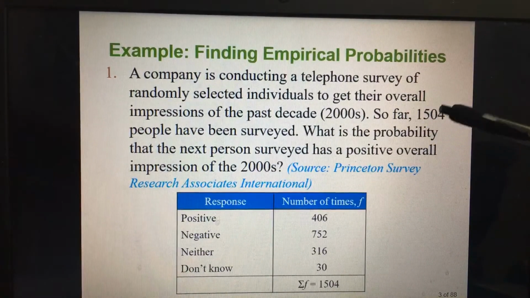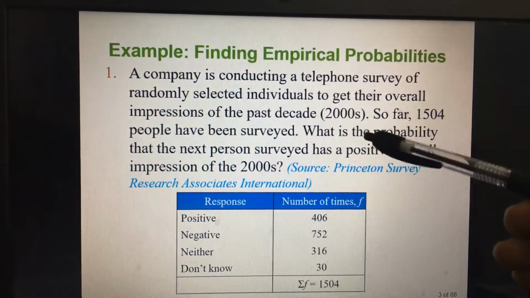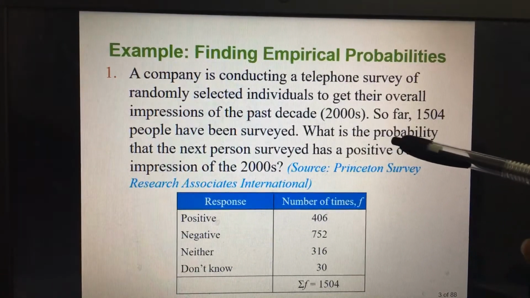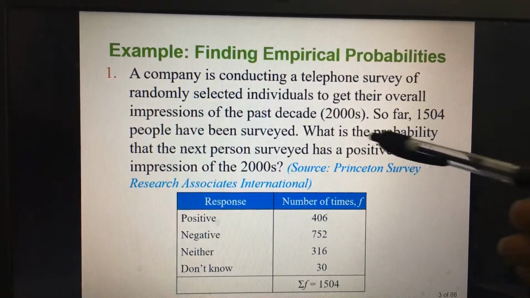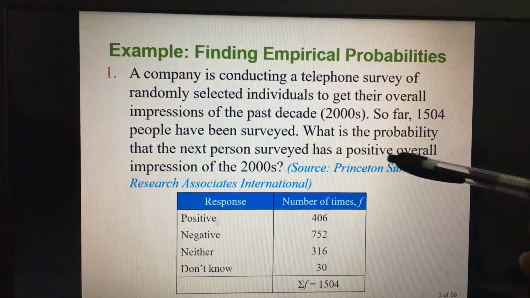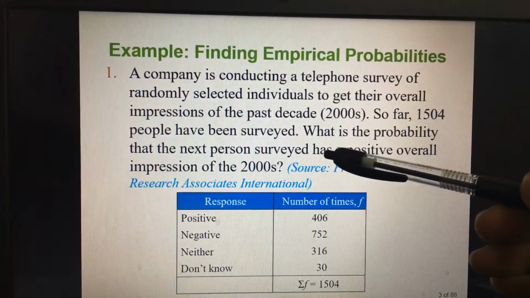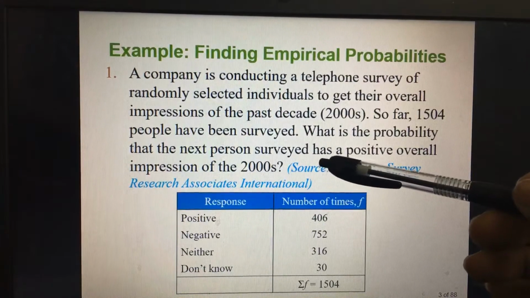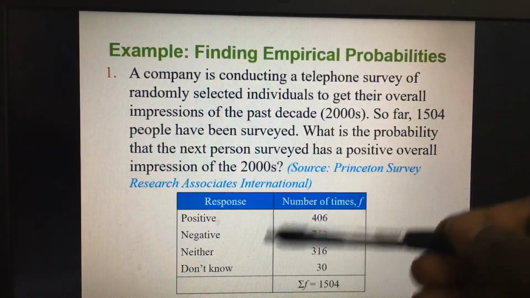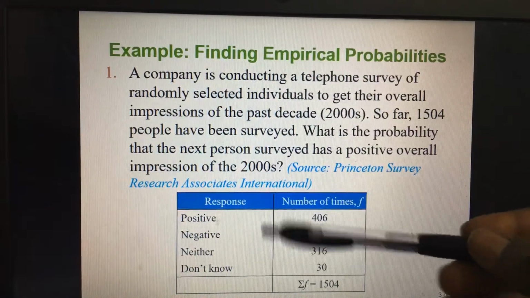So far, 1,504 people have been surveyed. The question here is, what is the probability that the next person surveyed has a positive overall impression of the 2000? So these are the responses we have here on the table.